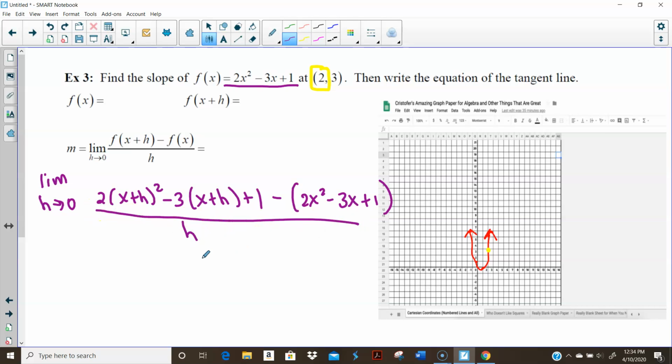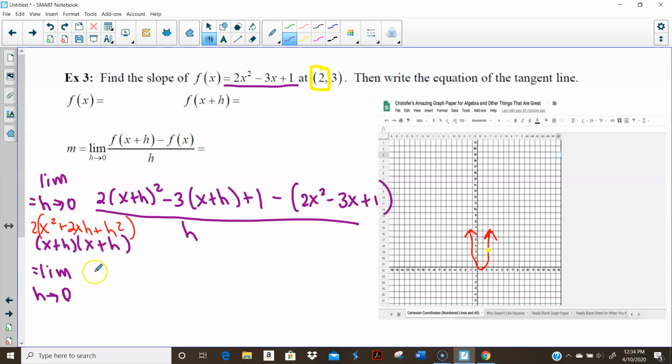So now we're going to go ahead and simplify that. The first thing we're going to want to do is multiply x plus h times x plus h. I'm going to keep the limit, so the limit as h approaches 0. X plus h times x plus h gives me x squared plus 2xh plus h squared, and we need to multiply that whole thing by 2.